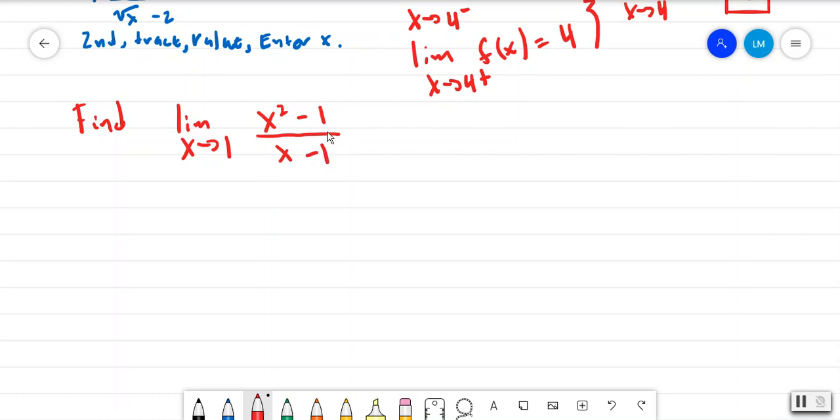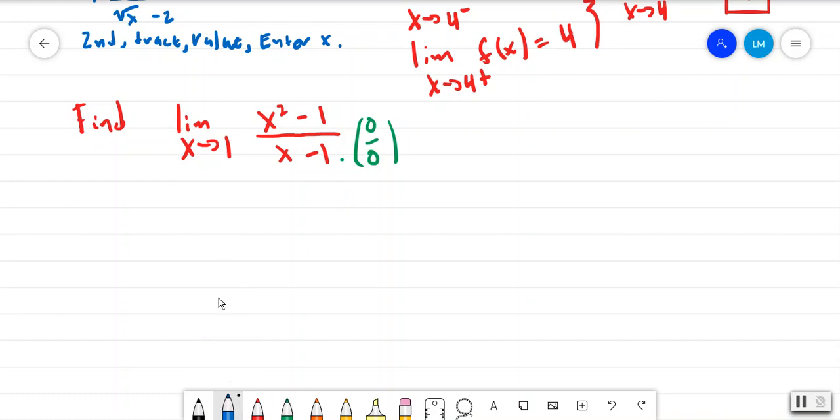For this one, what we can do is solve it algebraically, because even if we plug in 1, you get 0 over 0, which doesn't really work for us. So what's another way that we can do this?